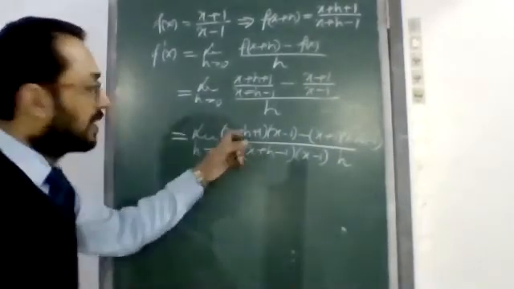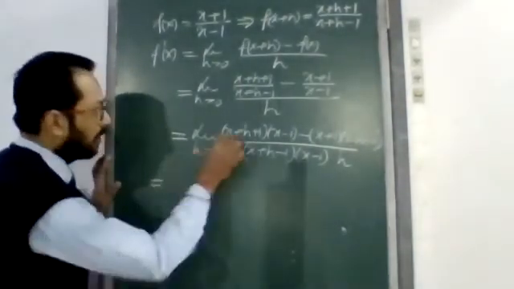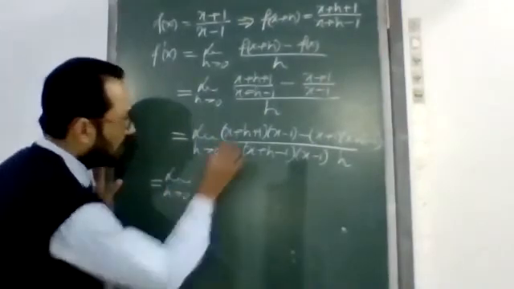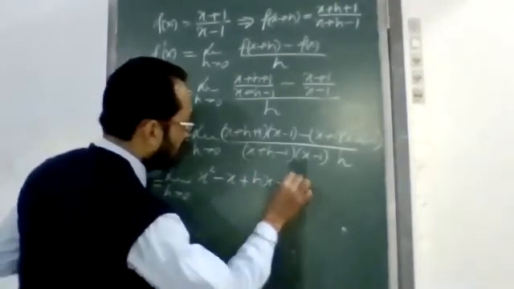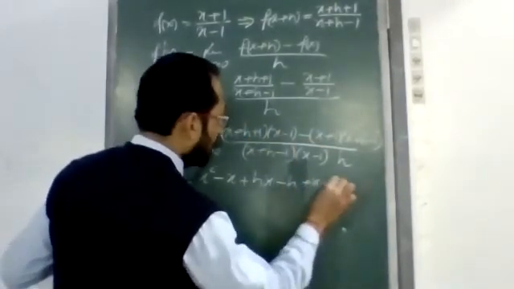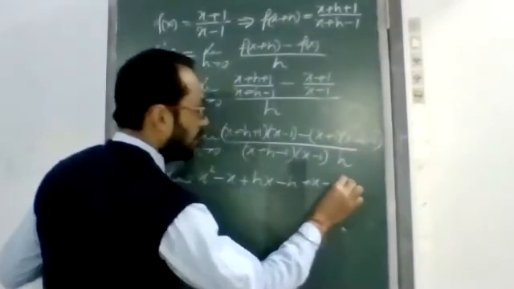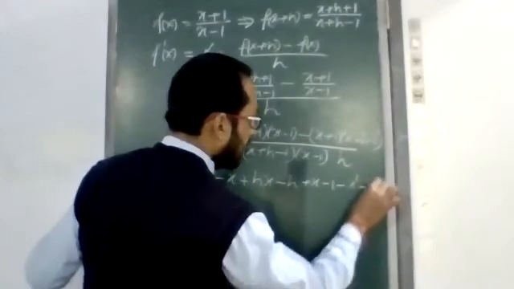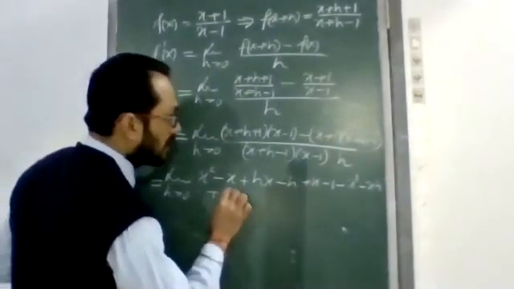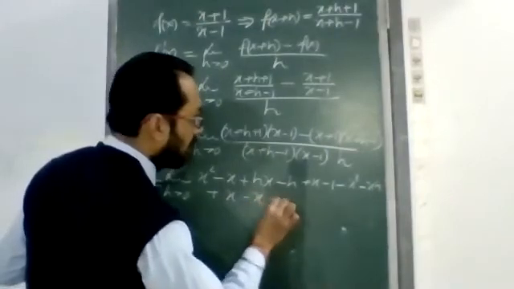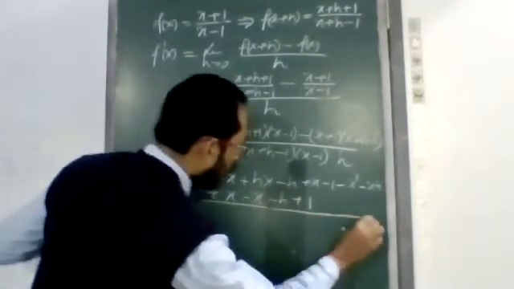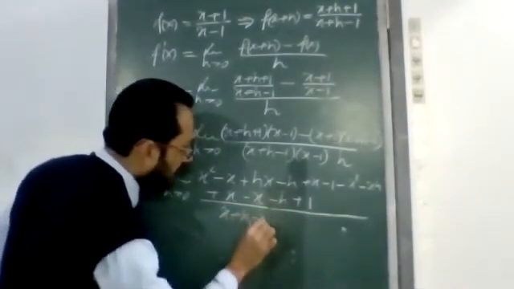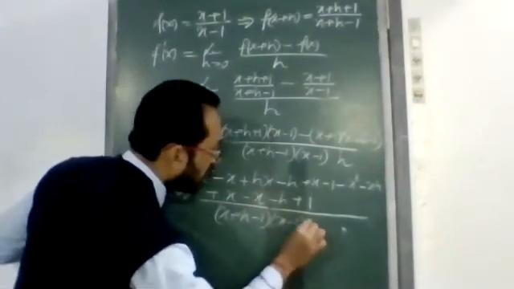Now we will open the brackets. Multiplying, it will become limit of h tends to 0 of x square minus x plus hx minus h plus x minus 1, minus x square minus xh plus x minus x minus h plus 1, whole upon (x plus h minus 1) into (x minus 1) into h.